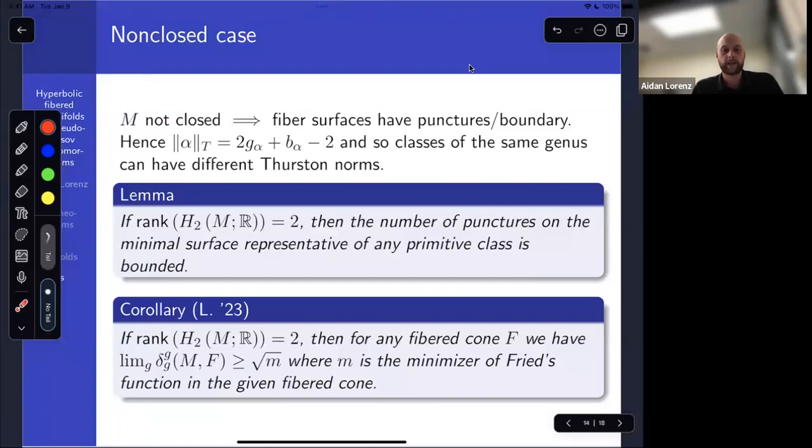But anyway, this gives us a lower bound. In the non-closed case where the rank of the homology is larger than 2, I haven't made much progress in that arena. It seems pretty hard to do these same types of arguments.